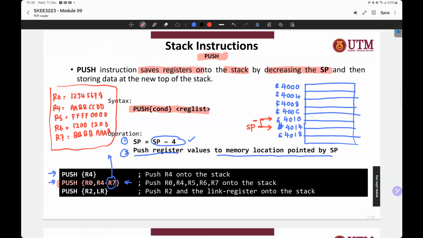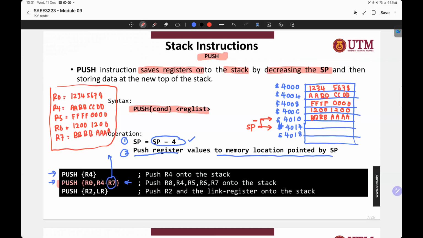R7 will be stored first: B, B, B, B, A, A, A, A. Then followed by 1, 2, 0, 0, 1, 2, 0, 0. Followed by F, F, F, F, 0, 0, 0, 0. Then A, B, B, C, C, D, D, and lastly your R0: 1, 2, 3, 4, 5, 6, 7, 8.